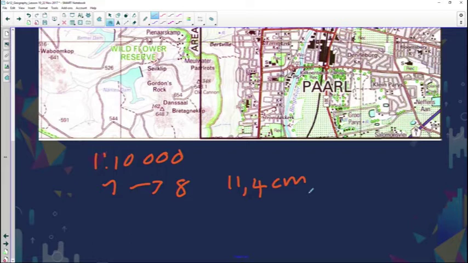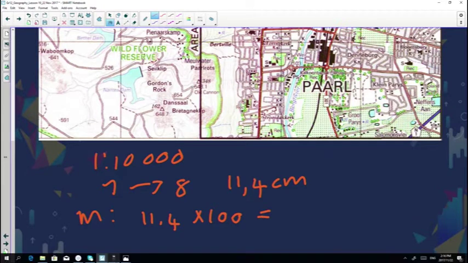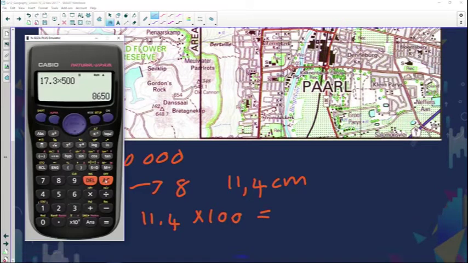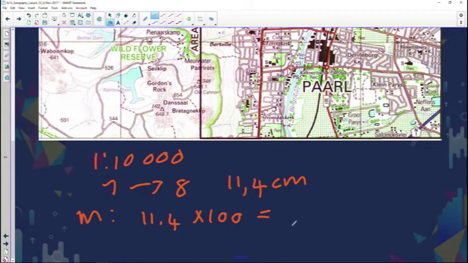So what do we do? If I want my answer in meters, I take the 11.4 and I times it by 100. 11.4 times 100, and the correct answer is 1,140 meters.